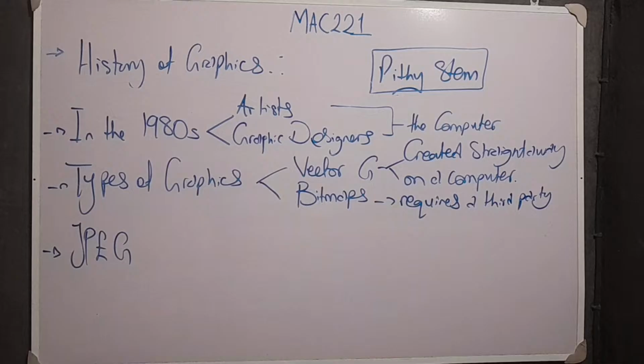For JPEG, the full meaning is the Joint Photographic Expert Group. JPEG is a standard format for image compression, developed by the Joint Photographic Expert Group in the United States.